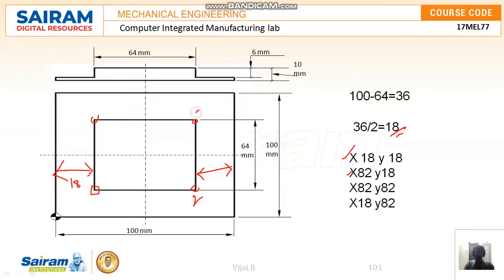This is the third one, that is x82 y82, and here is the fourth one, x18 and y82. Once you find these, this is the final area, the final line we are going to machine.